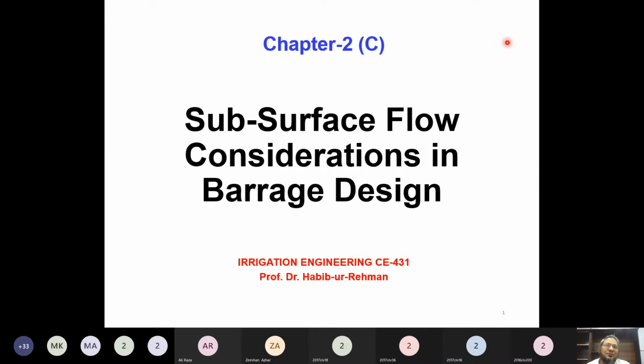Then chapter number 2 was basically low head diversion dams or barrages. Actually, chapter number 3 was the surface flow considerations, which I kept as 2, but said that this is 2B.